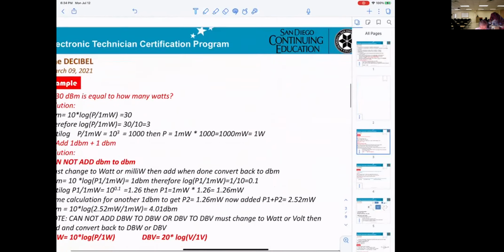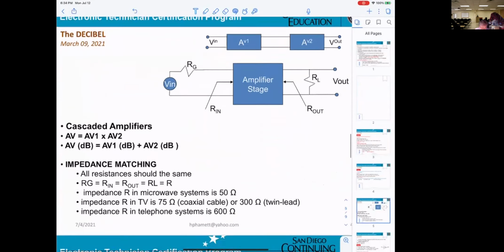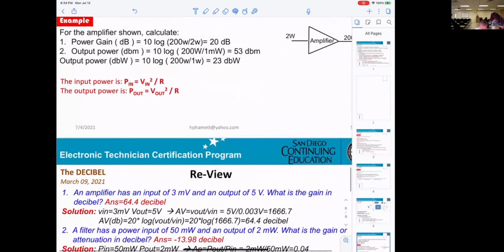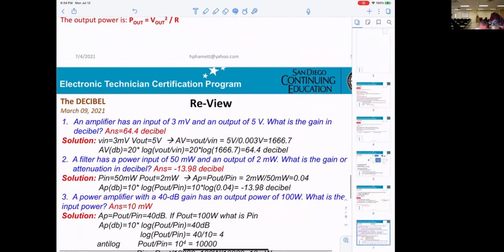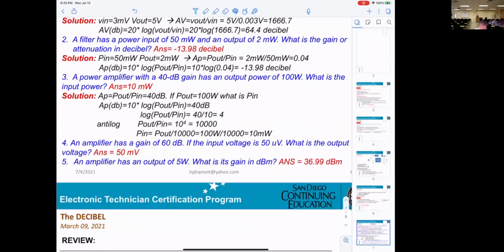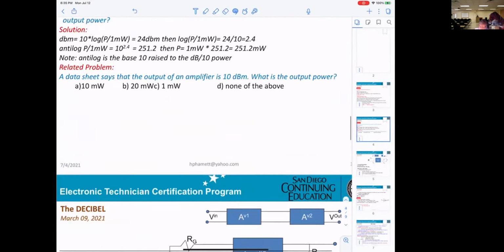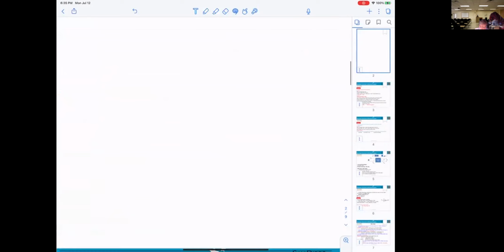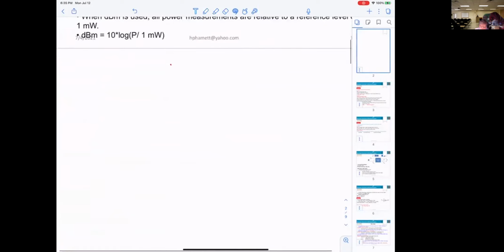Okay, let me try to give an example here. If you get P out, find what?